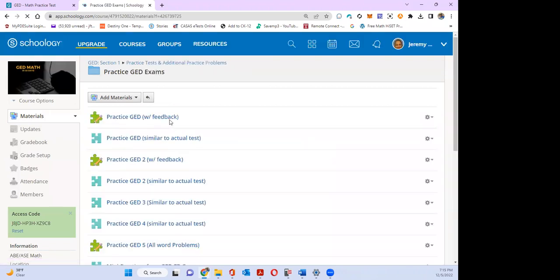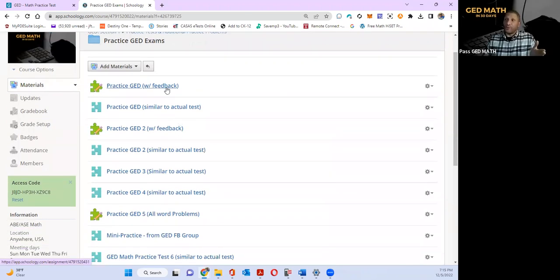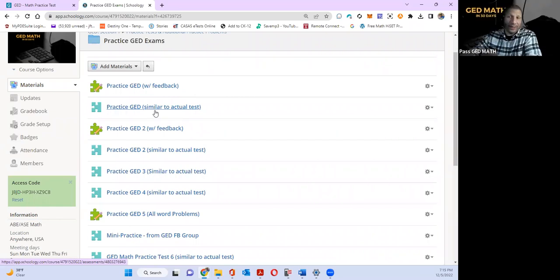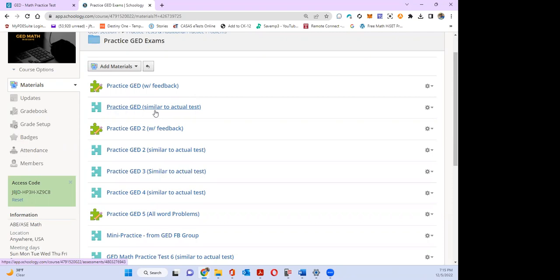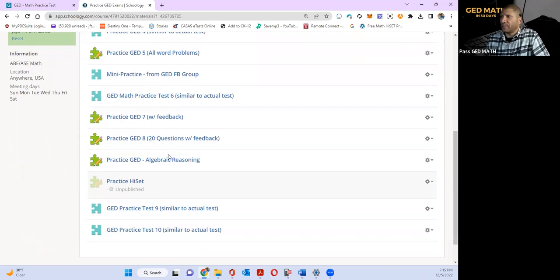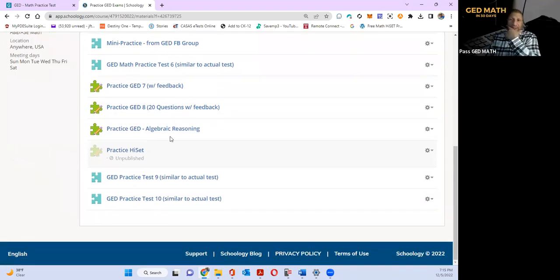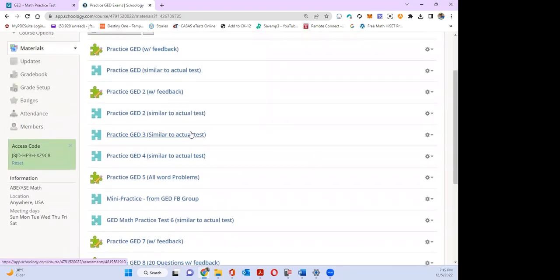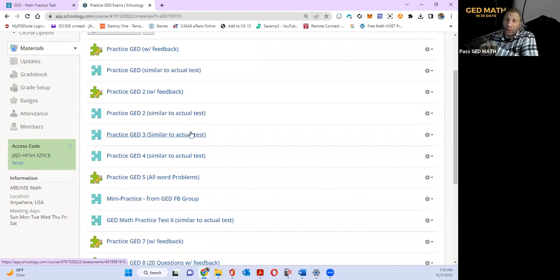In Schoology, the feedback gives you answers after you get a question wrong. It's similar to the real test: it's 2 hours, you can flag a question for review, and you can use your calculator. I have about 10 practice tests. Most people get through the first 3. If you score 60 or above, schedule your one-on-one with me, and let's go take this exam and get done.